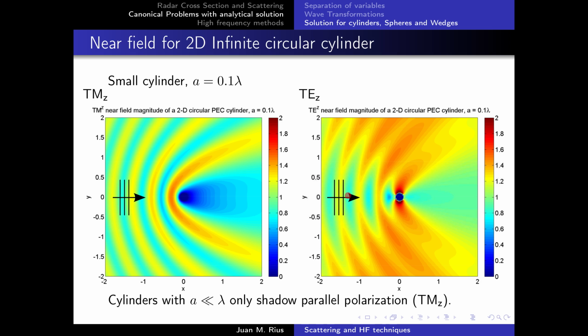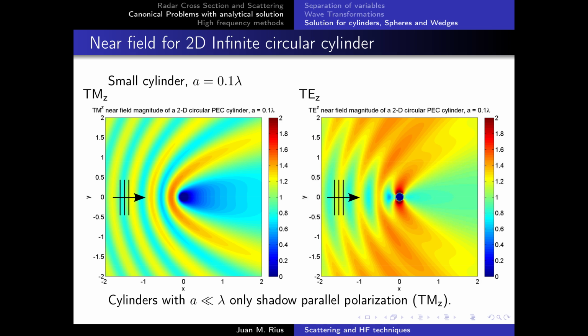Observe that there is still a standing wave, but with a very low standing wave ratio, because the reflected wave has a very small amplitude compared to the amplitude of the incident field. And this is because in the TE case, the electrically small cylinder almost doesn't reflect a field.